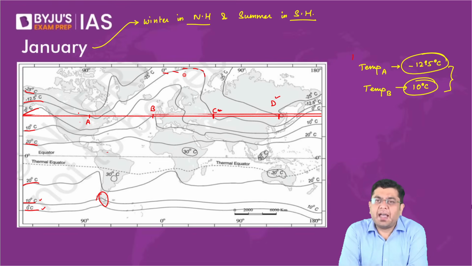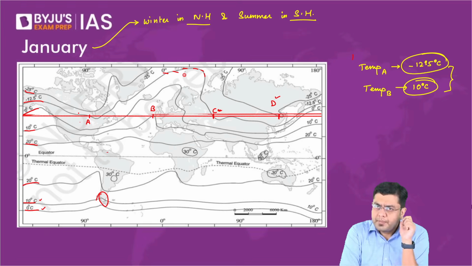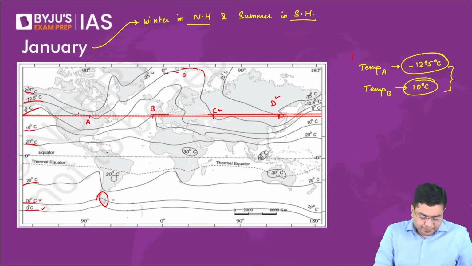But can we draw a certain set of conclusions from here? The first conclusion is that in the southern hemisphere, the isotherms are almost parallel to the latitudes. We can have that conclusion, right?